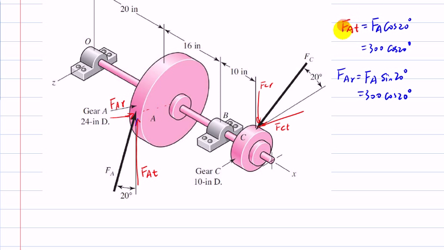With the calculated tangent force FAT, we can calculate the torque generated by FAT, which is FAT times the distance, or the radius of the gear. The radius of the gear is half its diameter, and the question gives us 24/2.